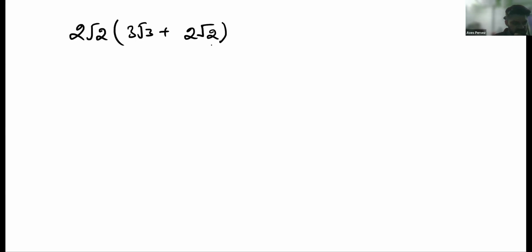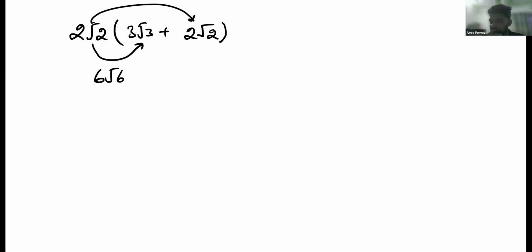The answer will be 8. When you multiply this one with this one, I got 6 root 6. And when you multiply with this one, 4 into 2 means 8. Now this is without root, so they cannot be added further. Okay, so this is the answer.